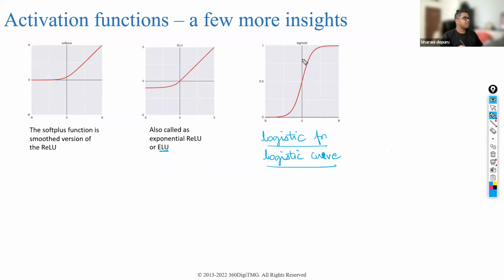It resembles an S shape like this. Here, whatever be the input that you give, output will lie in the range of 0 to 1. Whatever be the input, it will take that input and ensure that the values are in the range of 0 to 1.